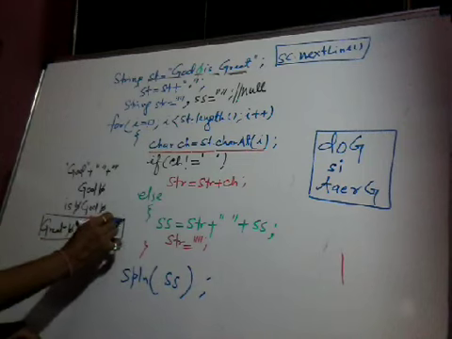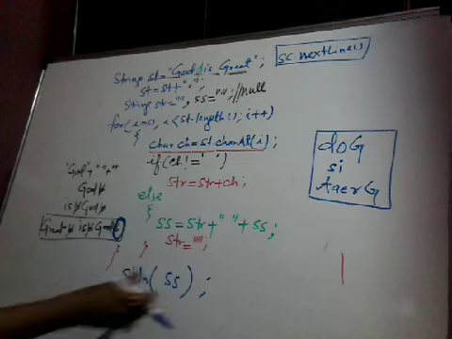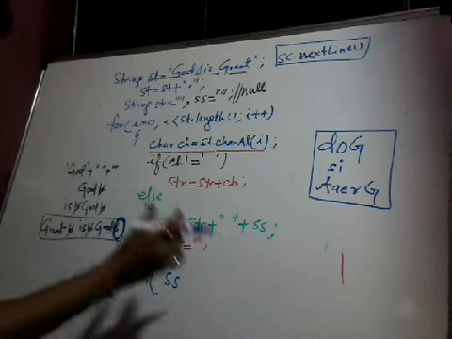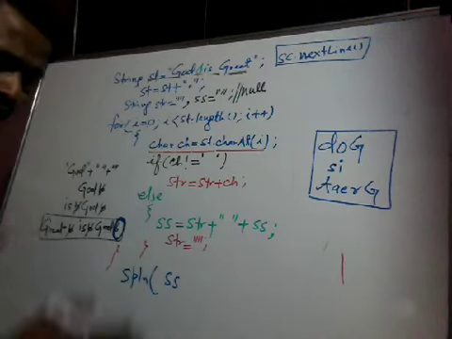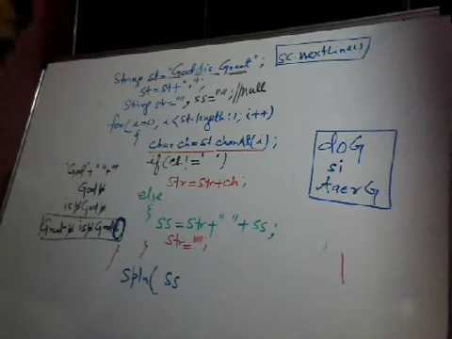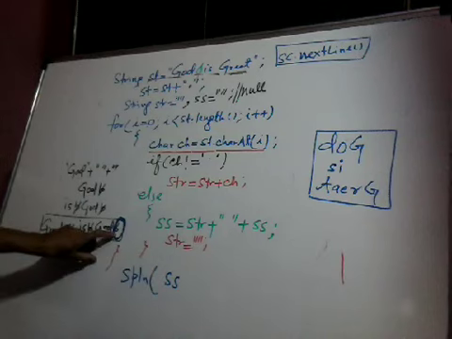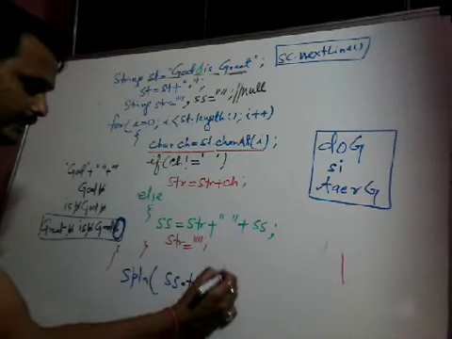But if you want to remove the last space here, as I explained earlier, there is a method trim. What is the use of the trim function? It will remove the white space at the beginning and ending of the string. So this ending is the space. You write ss dot trim.